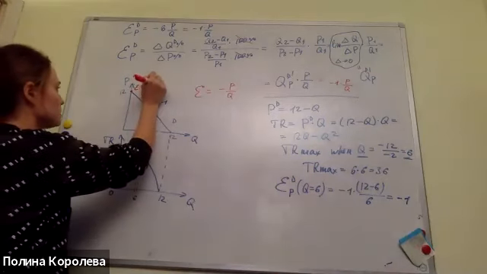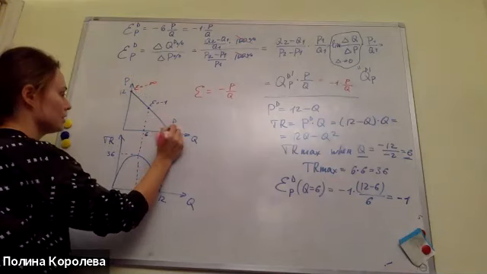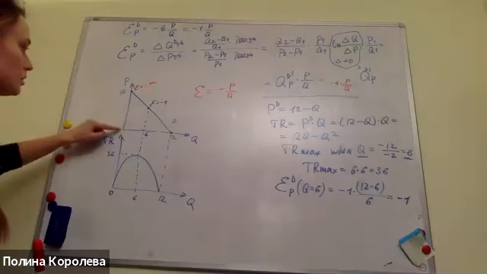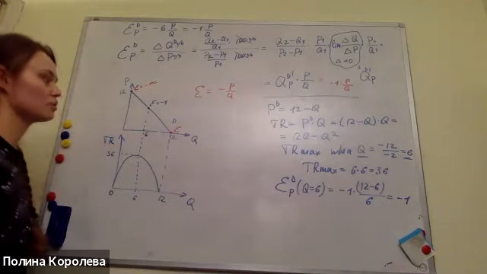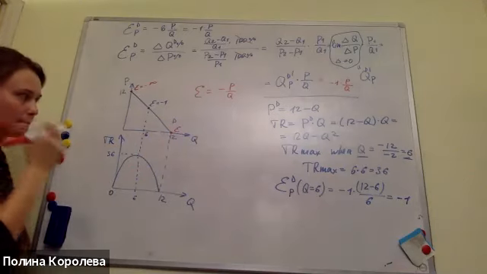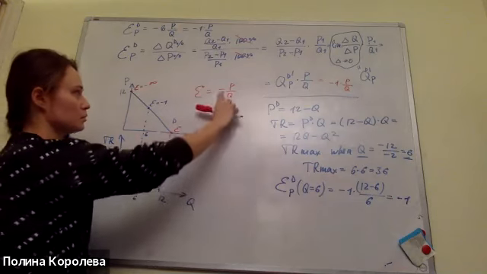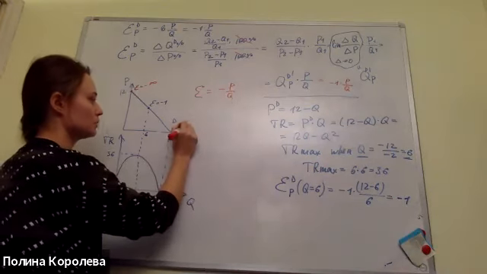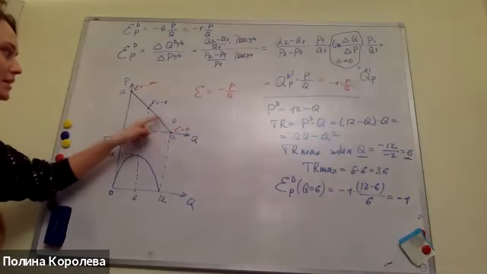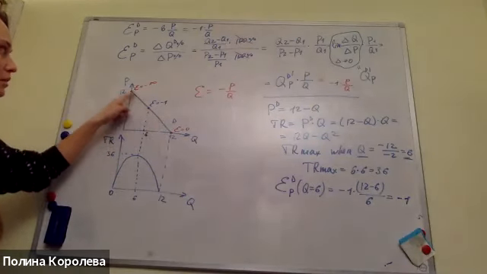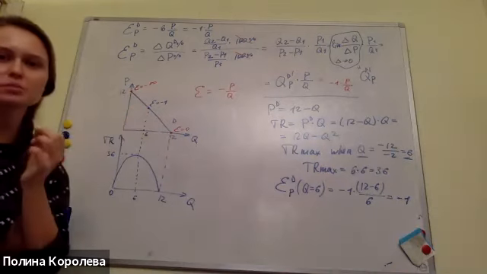Yes, minus infinity. And at this point, when price is equal to 0 and quantity is equal to 12, elasticity equals 0 over 12, so 0. So you see that we can calculate elasticity at each point on our demand function, and it will be different.